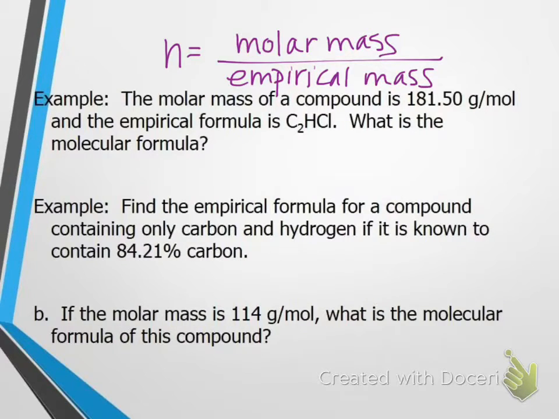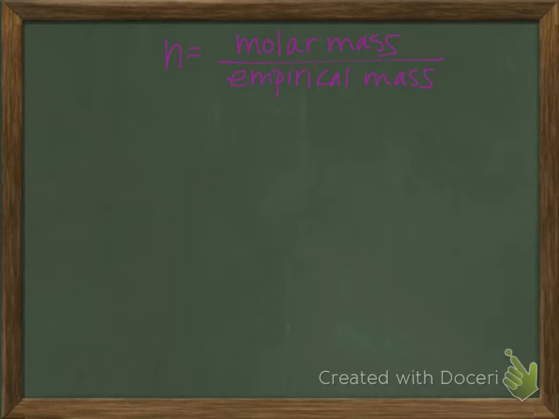Okay? So, we'll go and do one of those examples, and you can do it down at the bottom of that page, where that little space is. Earlier we found CH2 to be our empirical formula, right?